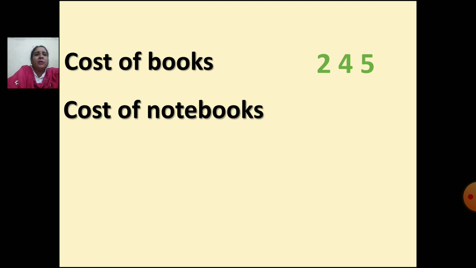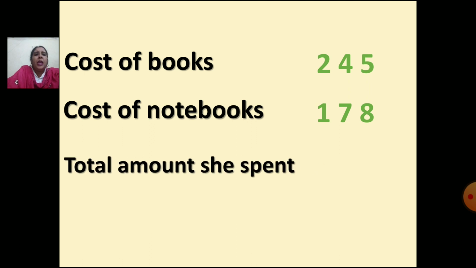What will be the number? Cost of notebooks is how much? That is rupees 178. Okay. Now what we have to find out? Total amount she spent. Okay. How much amount she spent all together on cost of books and cost of notebooks. That we have to find out. So which operation you will use?